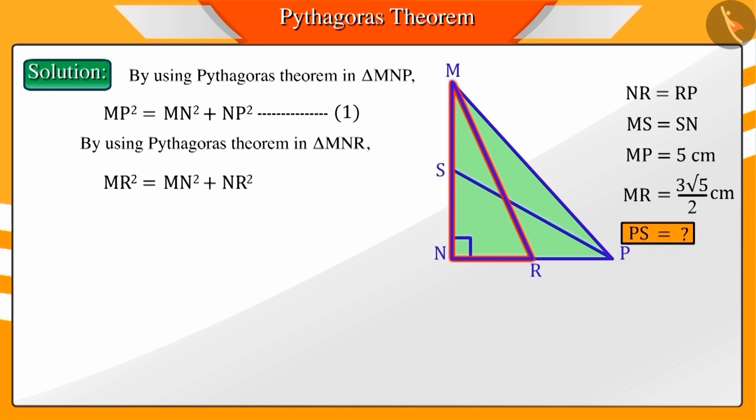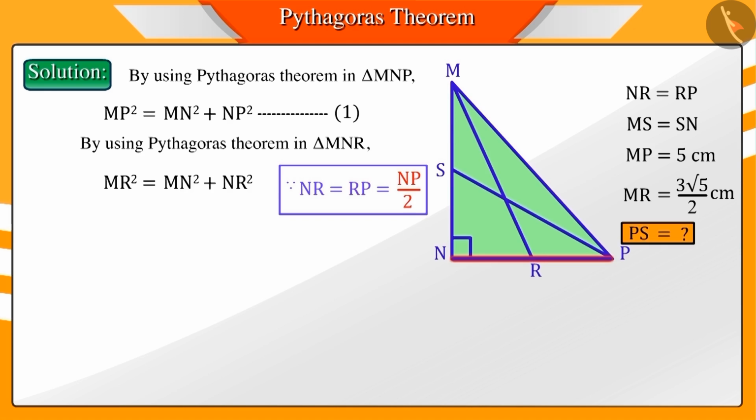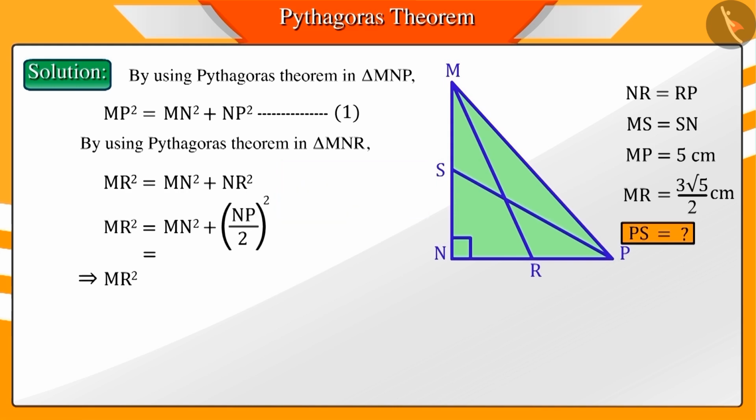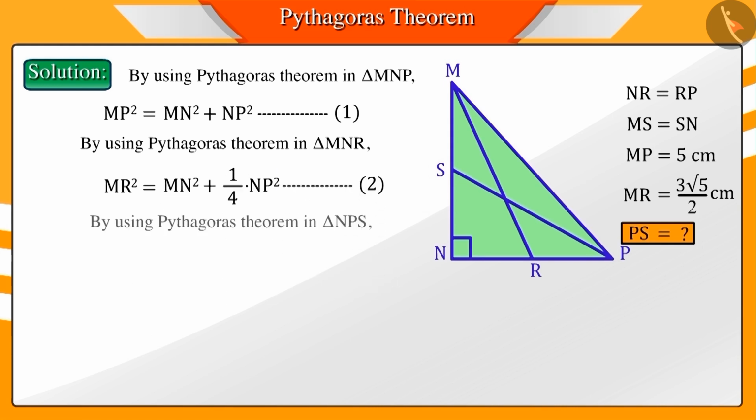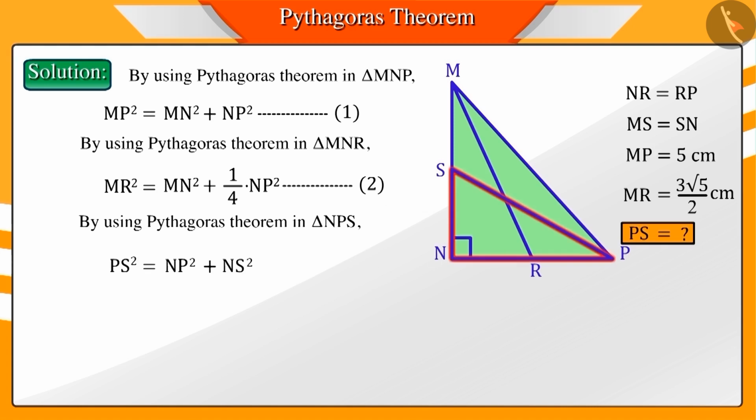We know that NR and RP are two equal parts of NP. Hence, NR equals NP by 2. On further solving, we get equation 2. Similarly, we get equation 3 from right-angled triangle NPS.